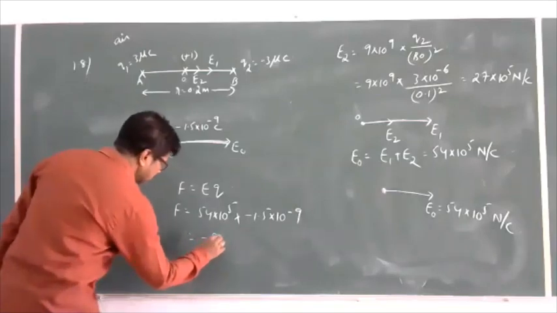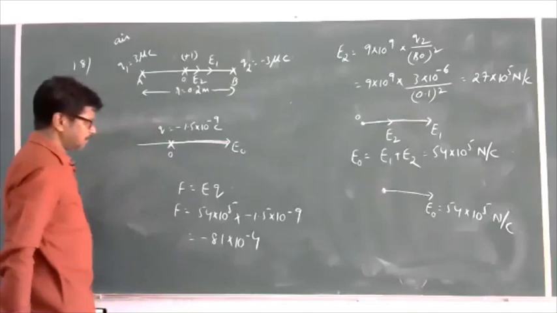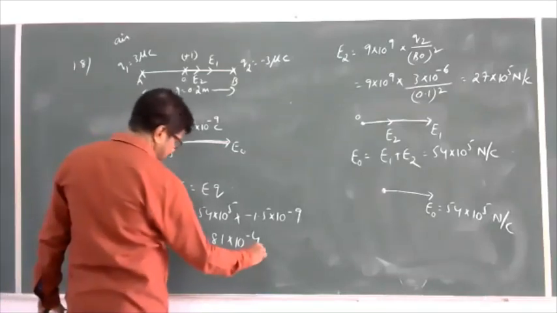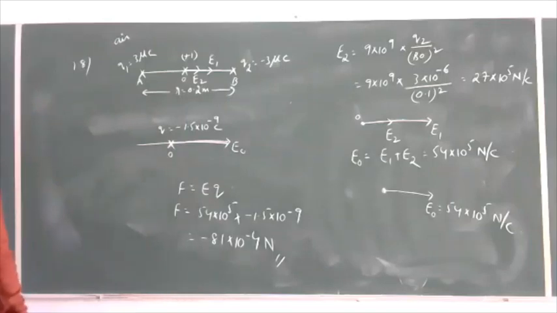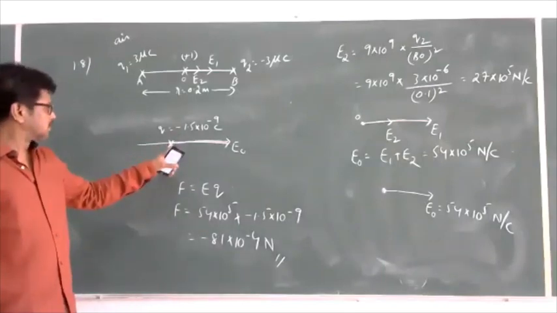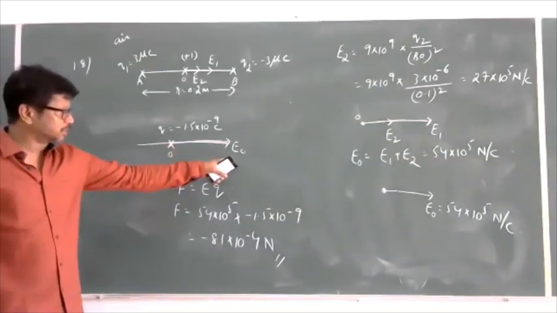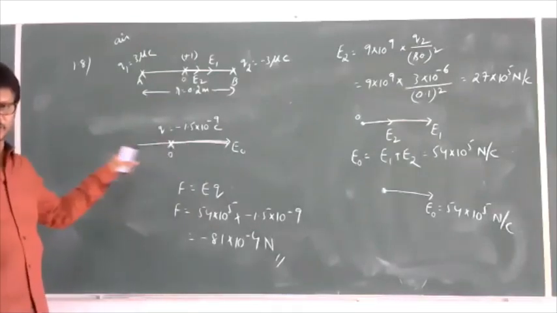So minus 81 into 10 to the power of minus 4 Newton. Here the minus symbol indicates that it will experience a force opposite to the field, in this direction.